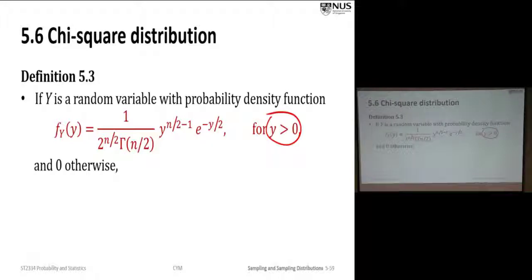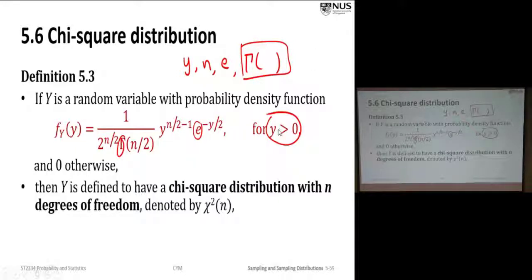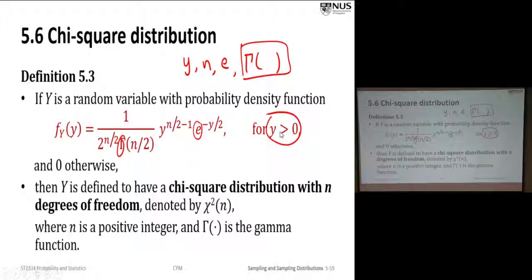In this whole expression, there's this y, this n, and e, and this looks ugly. This is called gamma. It's a capital Greek letter, gamma. All these are obvious. This is the exponential. Only this part we need to explain. It's called the gamma function.